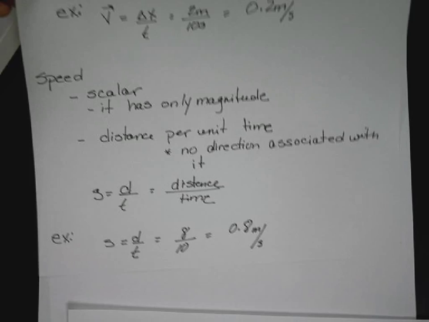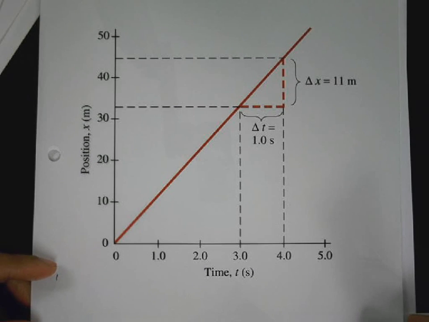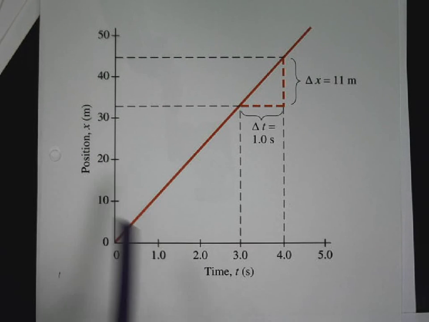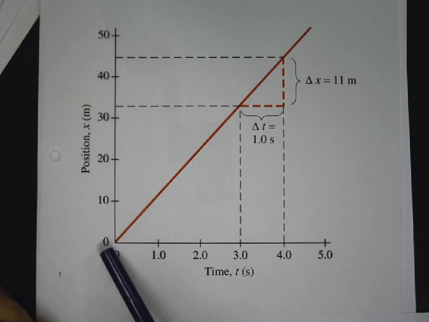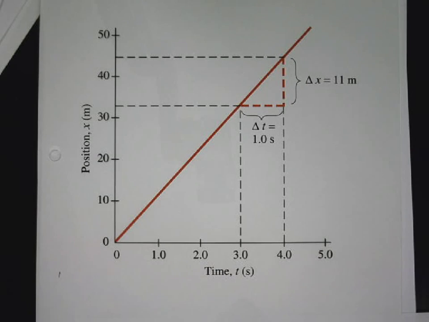And currently, y'all are working on a motion mapping activity, and you know that you can get the velocity from a position versus time graph. So here's an example. There's position, there's time. And here's a line. This line represents the motion.